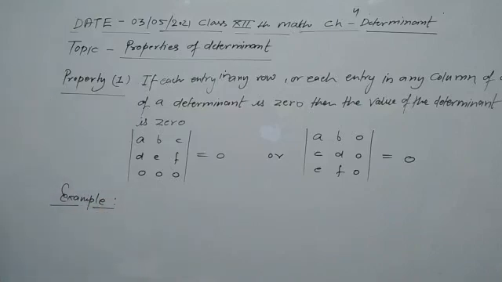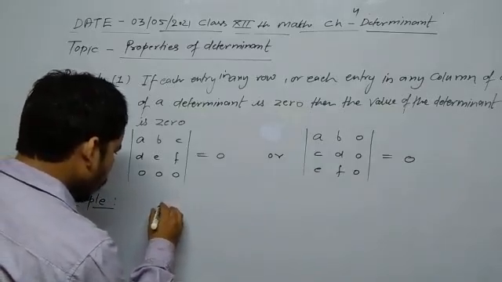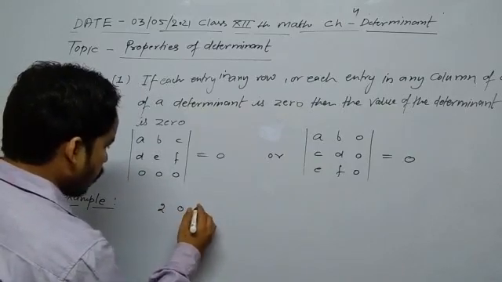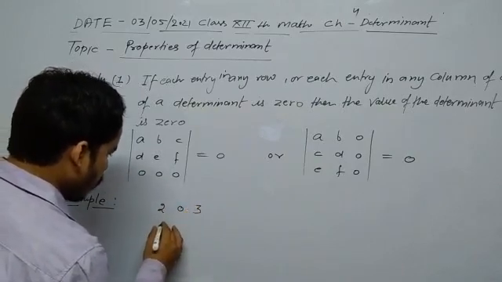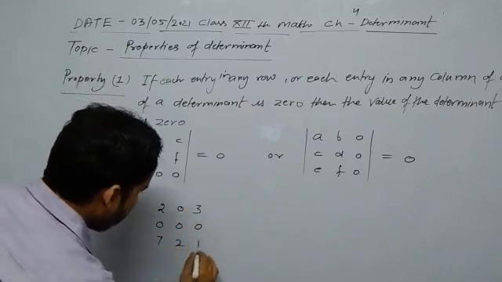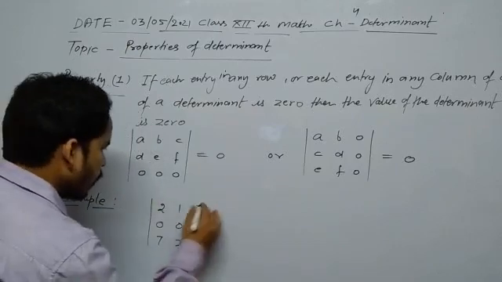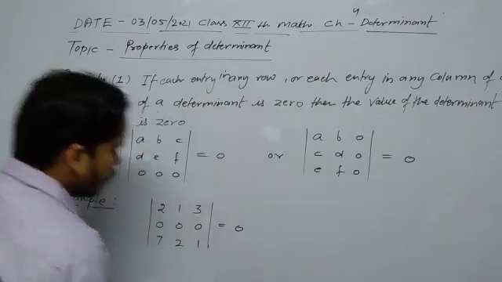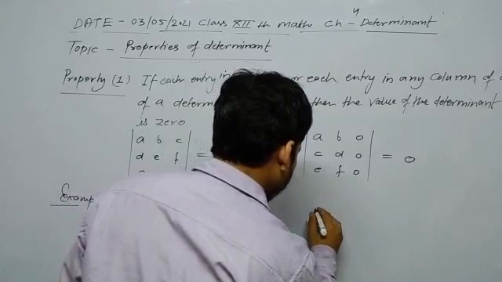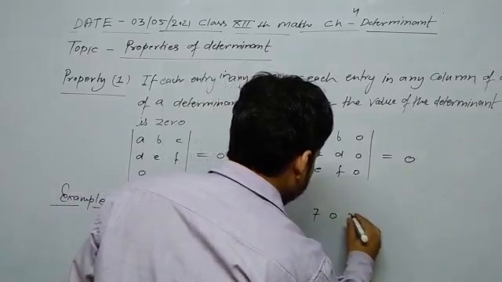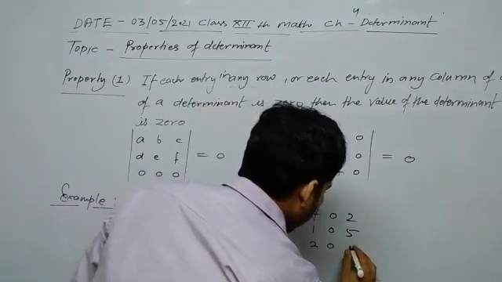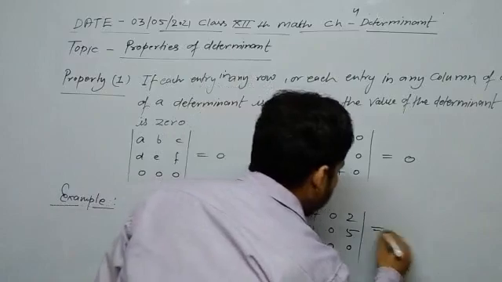Example: 2, 0, 3, 0, 0, 0, 7, 2, 1. This result is 0. Or 7, 0, 2, 1, 0, 5, 2, 0, 0, result is 0.